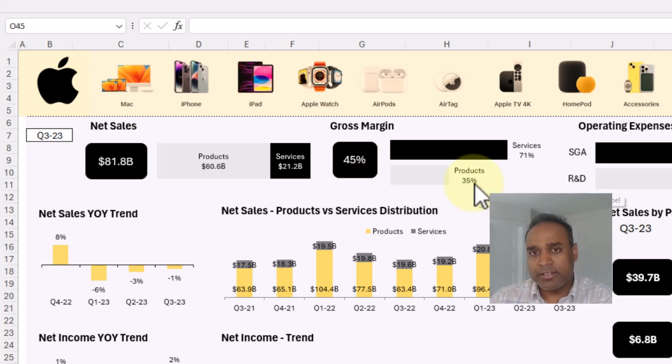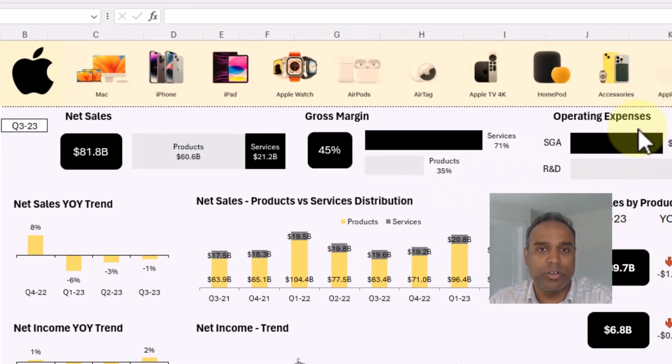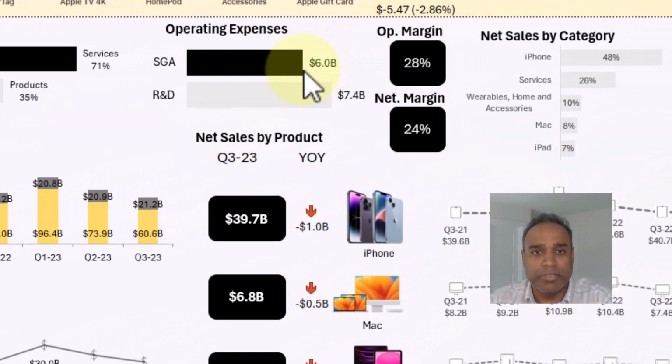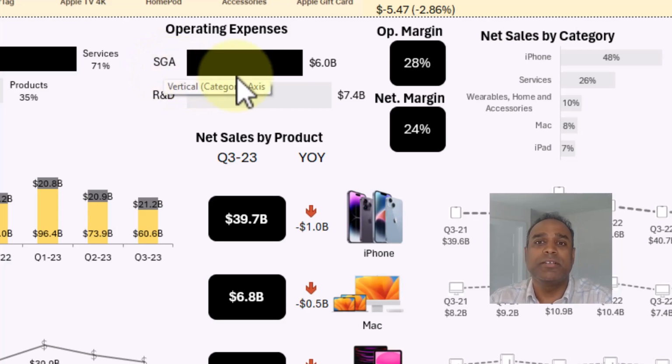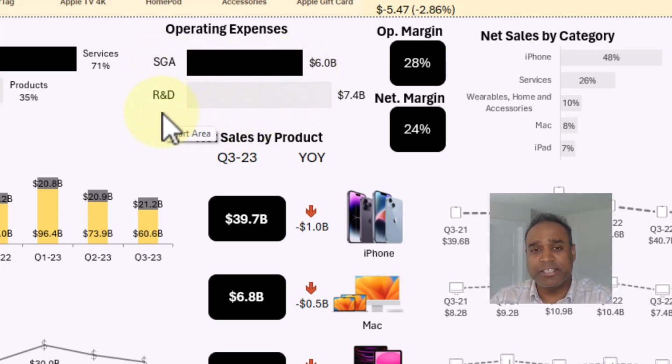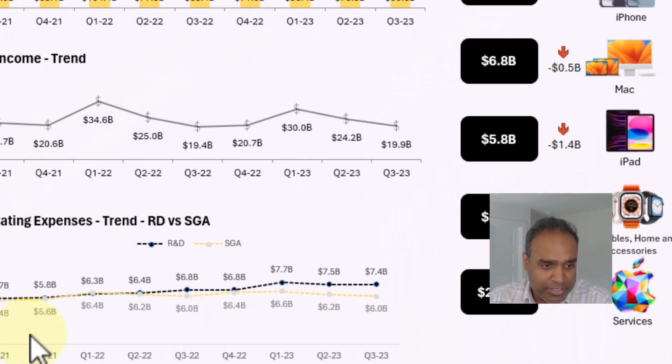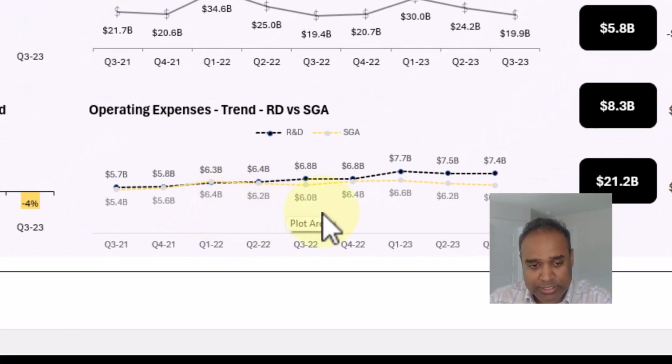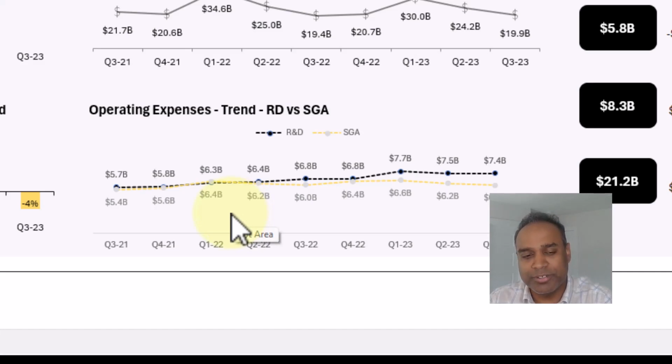And then when you look at the expenses side of things, the operating expenses, the selling, general and admin is at 6 billion, and R&D has been consistently increasing, and it's now 7.4 billion. And you can see at the bottom one of the charts here, where I thought it was important to show the increase in investment in R&D, and you can see that it has been increasing.